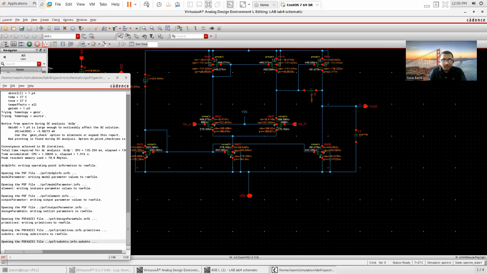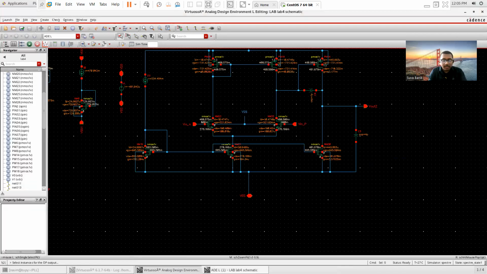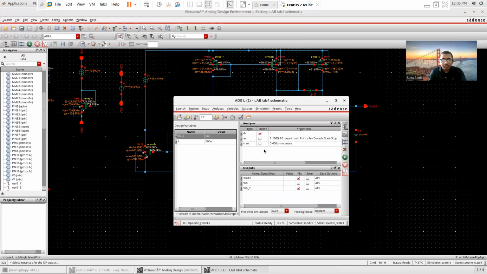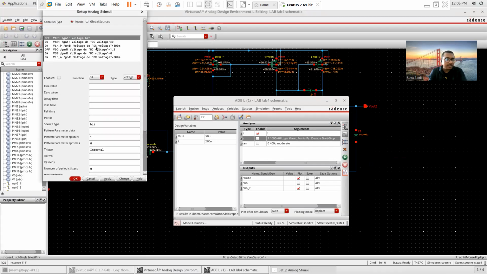Then we can do AC analysis, and as our target was to find gain greater than or approximately equal to 40 dB, let's try to check it. For this, I'm providing an AC signal in my positive input. However, biasing is always important.